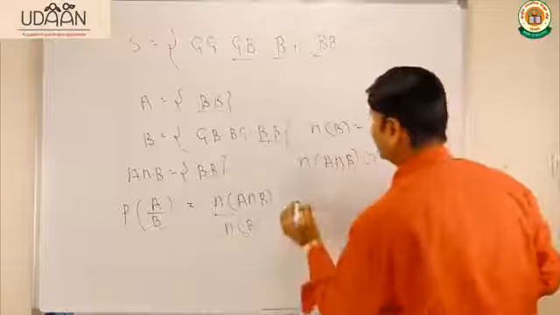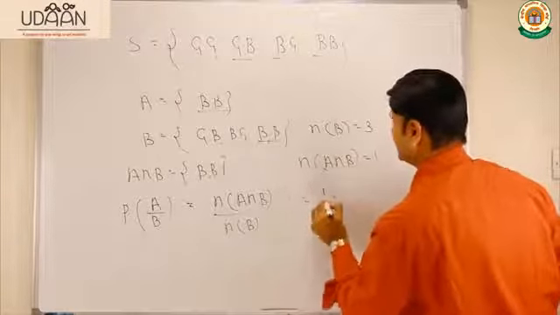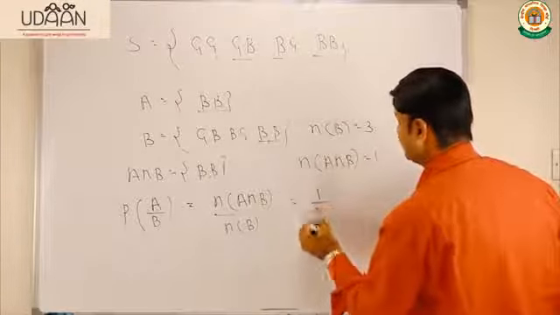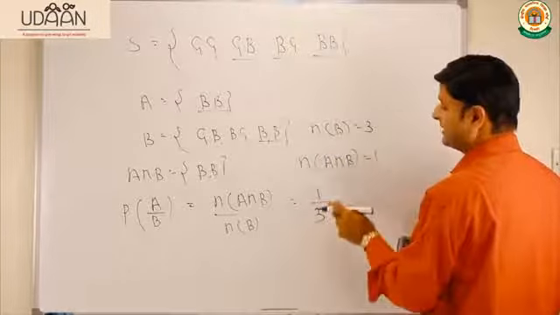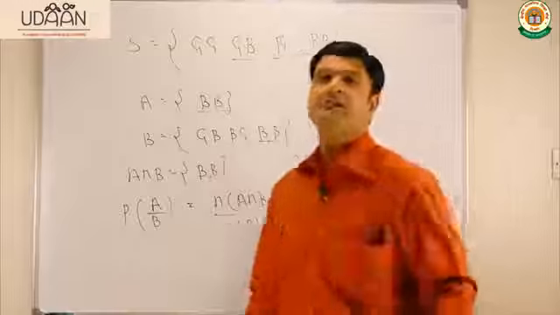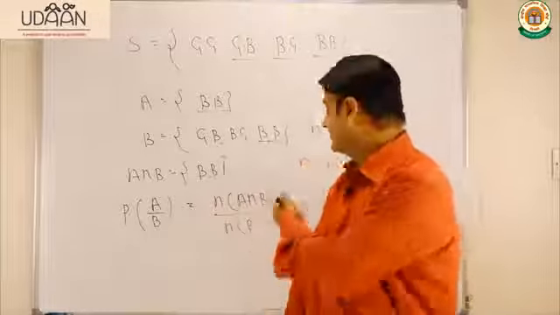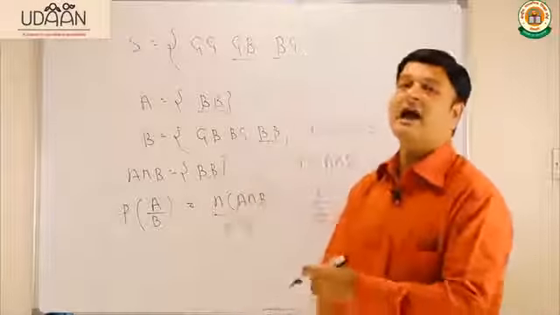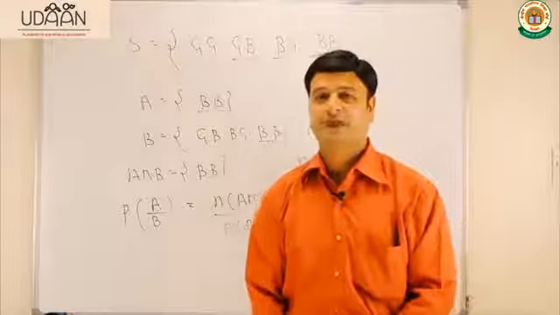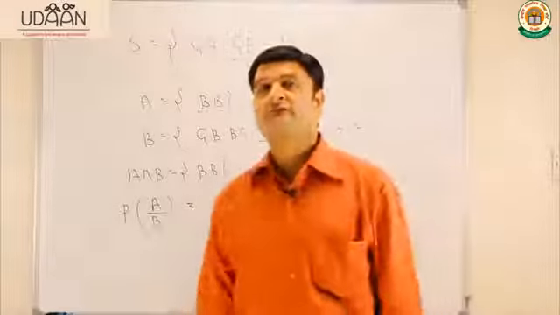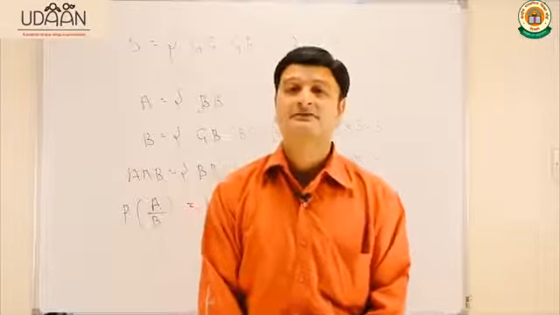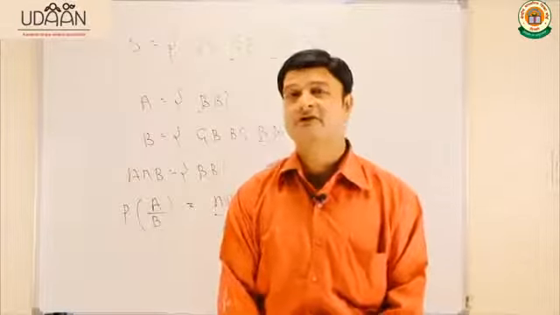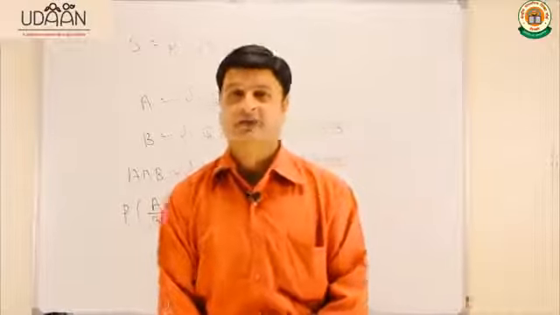So on substituting in the formula, the answer will be 1 upon 3. So I can say P of A upon B is 1 by 3, and it is your answer. With this concept, I hope you will attempt all the sums of exercise 13.1 from NCERT.